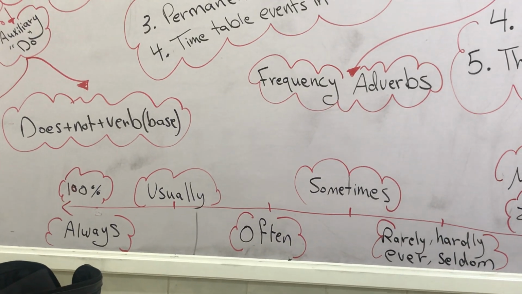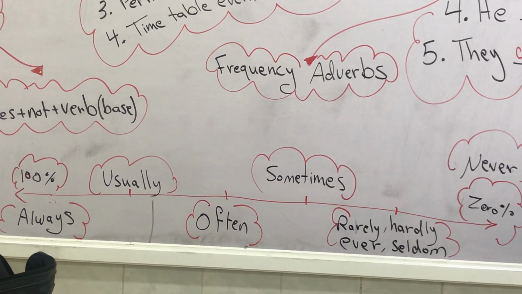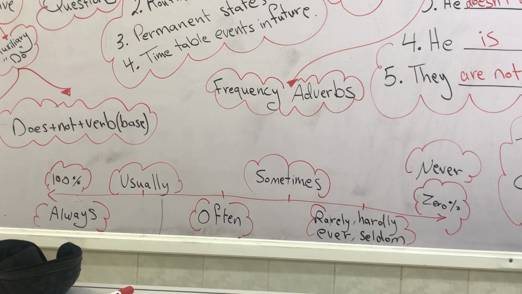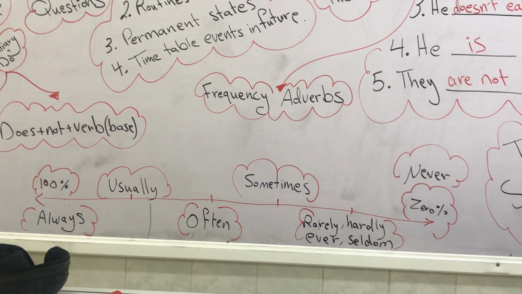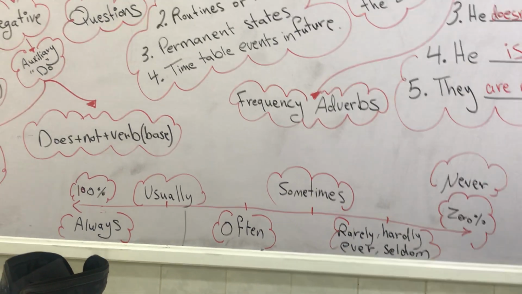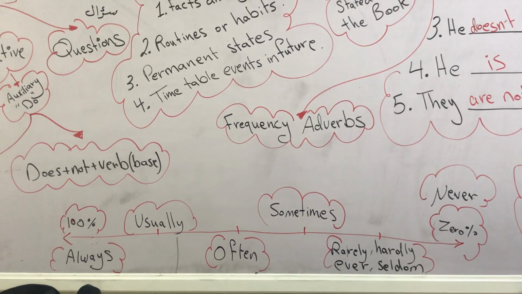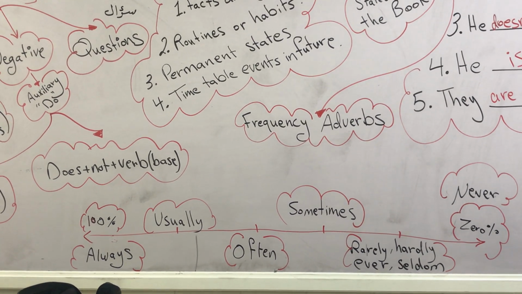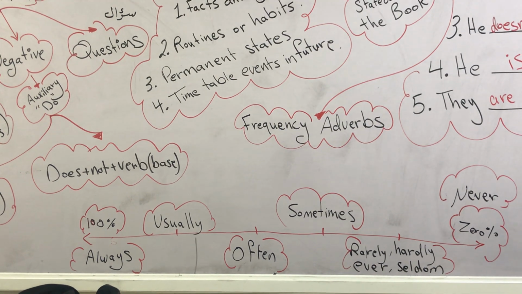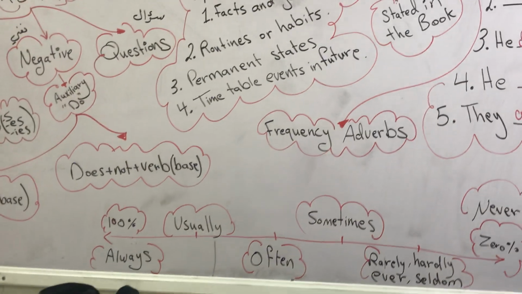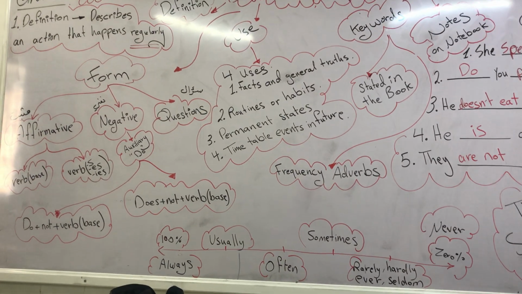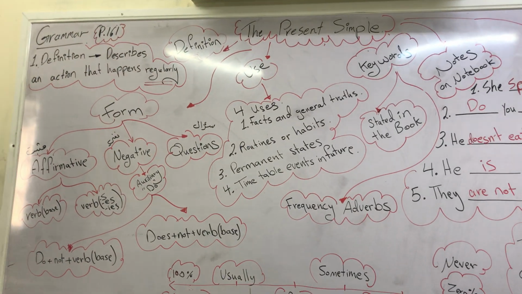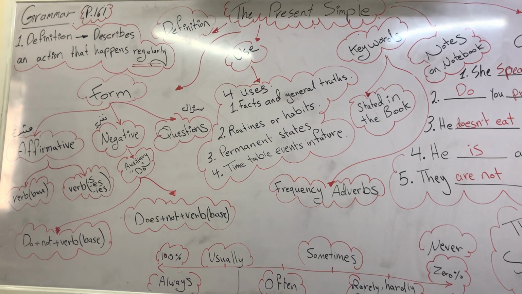We have always, usually, often, sometimes, rarely, hardly ever or seldom and never. Here we put them in sequence from the most frequent at 100% to the least frequent at 0%. This way we have also done a revision of our lesson for today which is the present simple tense.